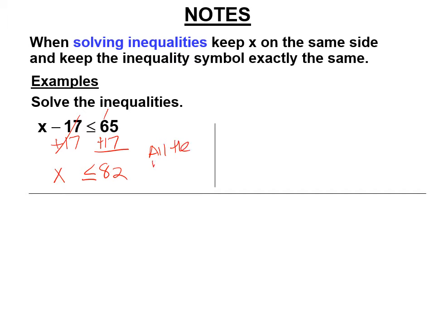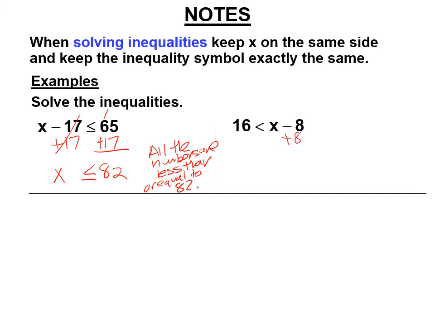All the numbers are less than or equal to 82. Now, 82 makes it true, but so does any number smaller than 82. So how many answers are there? Don't say one. There's an infinite amount of numbers that will make that true. That's the solution.